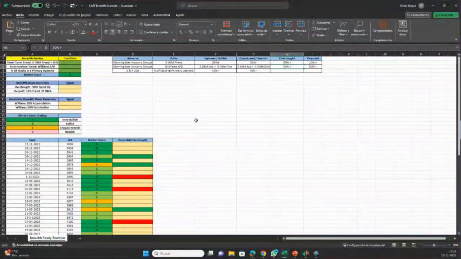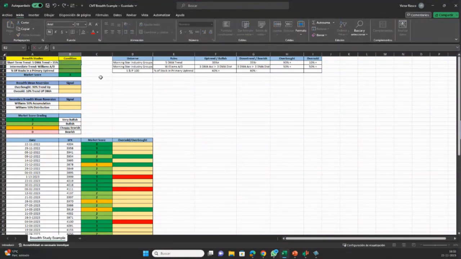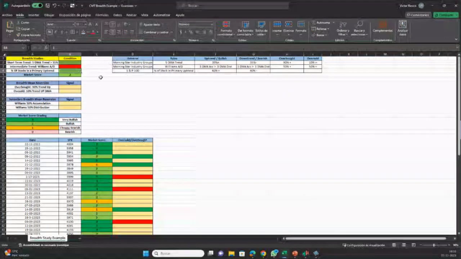The cool thing about this is that you can give them a grade. For example, if the short-term trend is positive, I put a 1 in Excel. If the intermediate trend is negative, I put a 0. And imagine the percentage of stocks in a primary uptrend is positive, I put a 1.